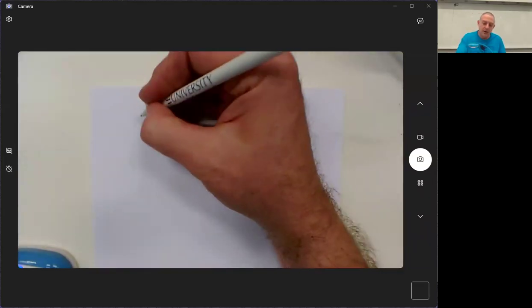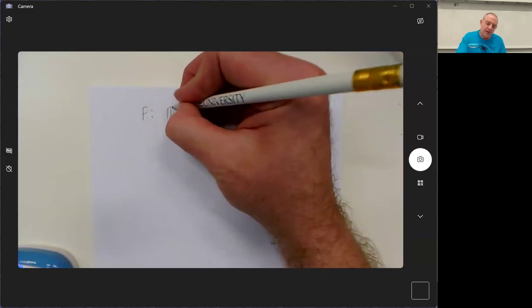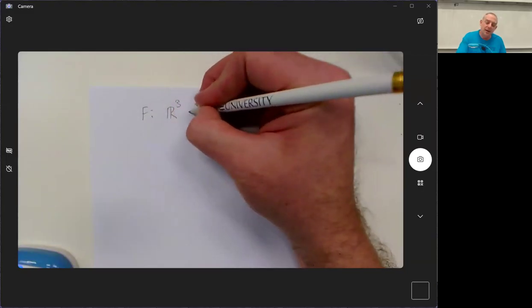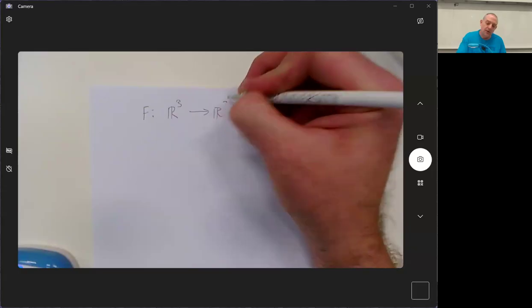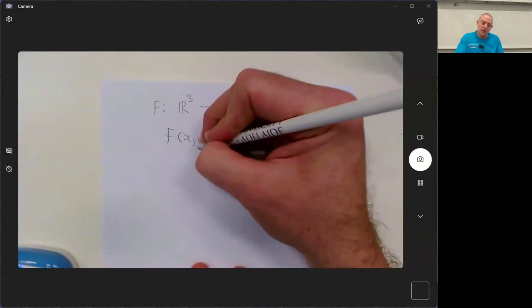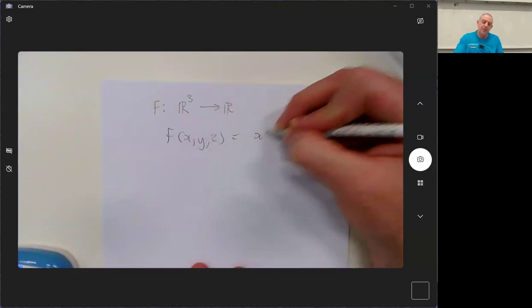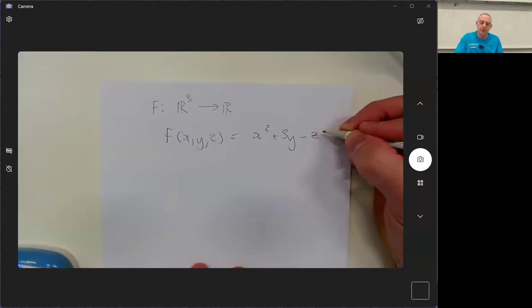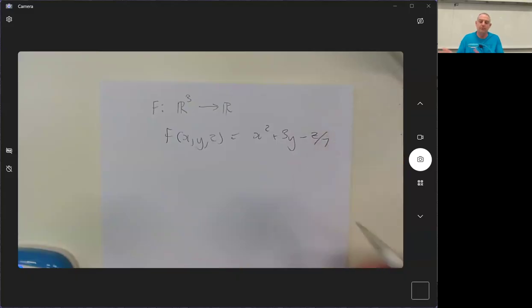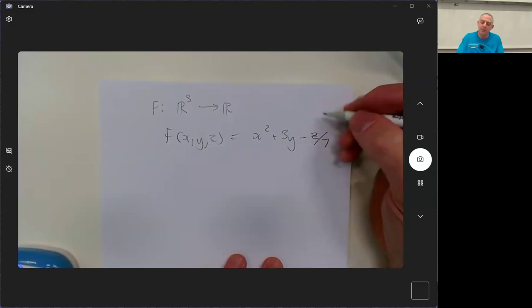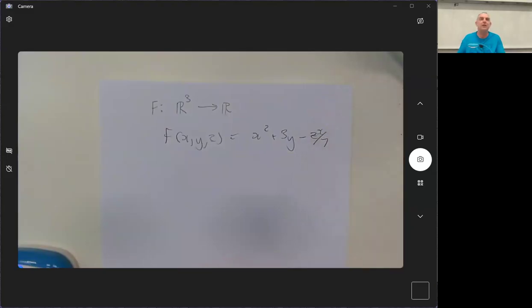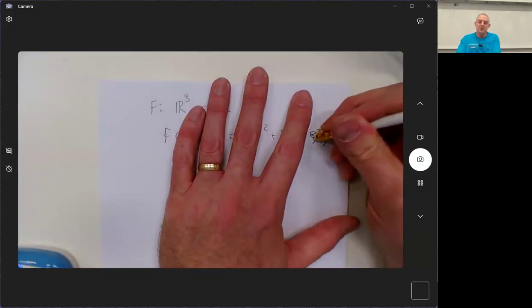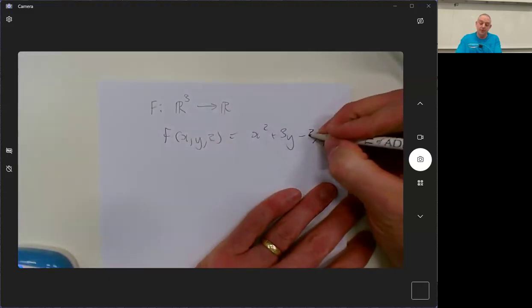Okay, so you have a function that might send R3 to R. And what that would mean is that you have something like f of x, y, z is some ridiculous formula. Maybe we'll times this one by x as well, just to make it fun. I'm not going to try and draw this.